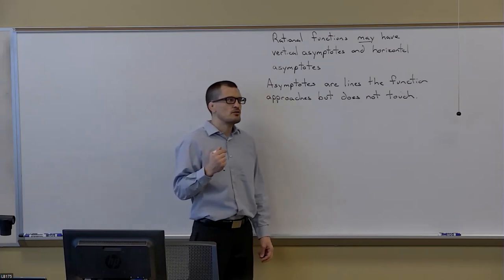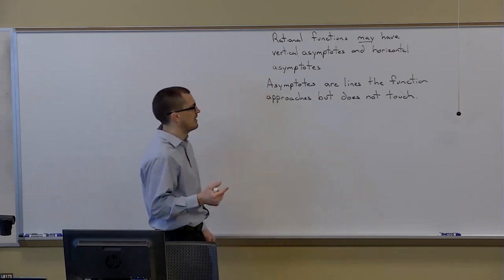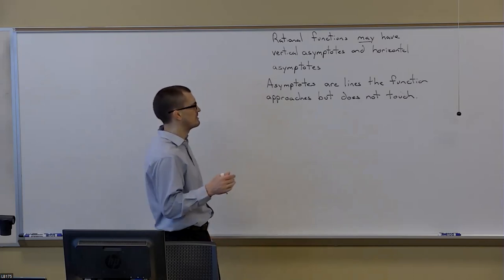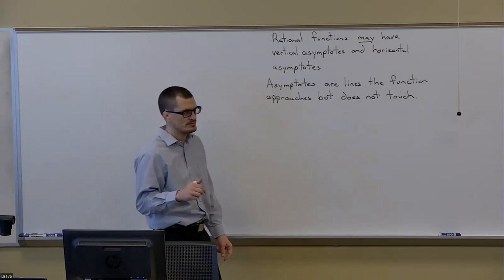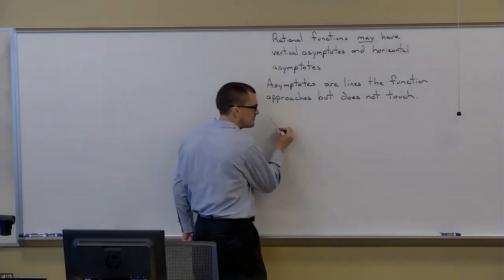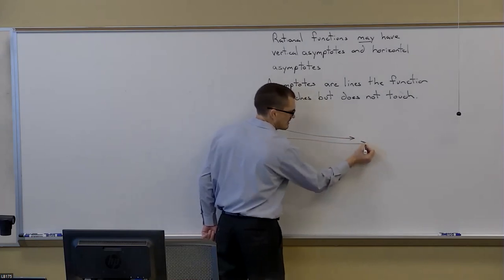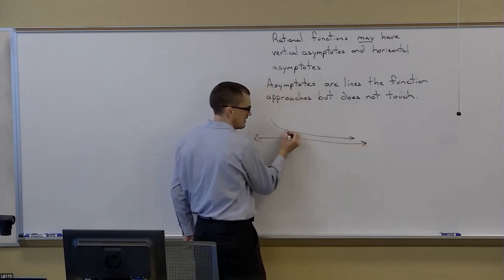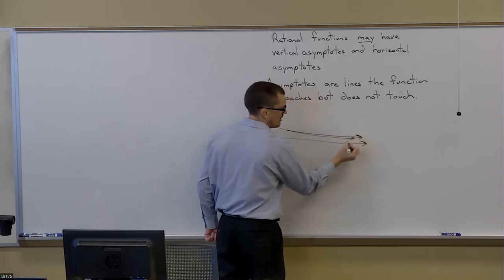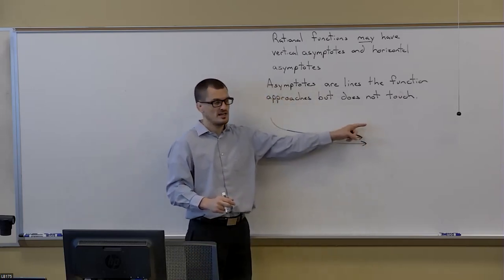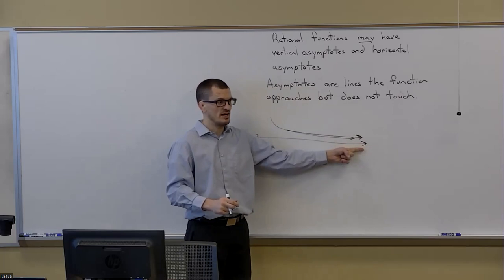Well, if you think about what's going on with a vertical asymptote or a horizontal asymptote, let's start with the horizontal asymptote. If my function is approaching a horizontal line, that means my function as it goes to infinity is getting closer to this line.